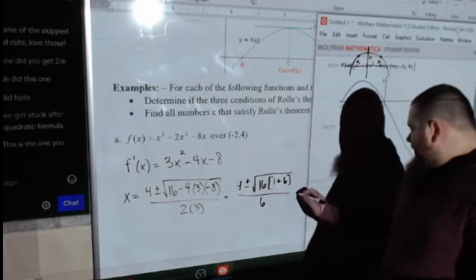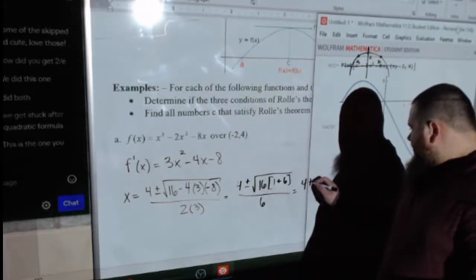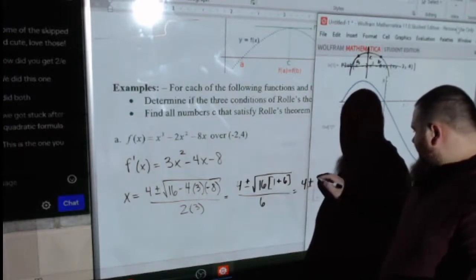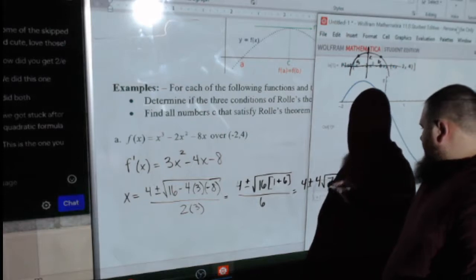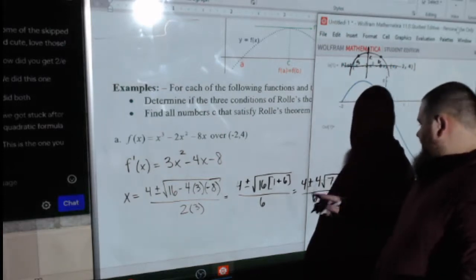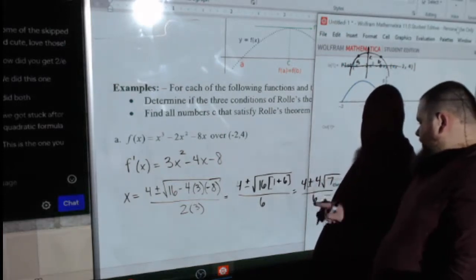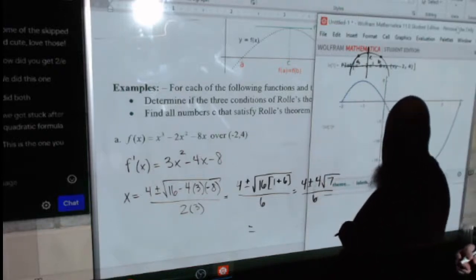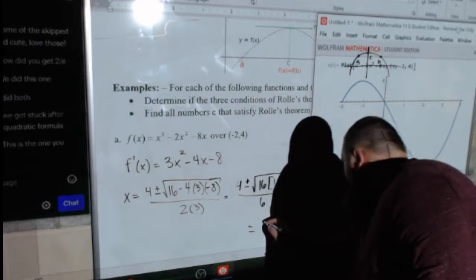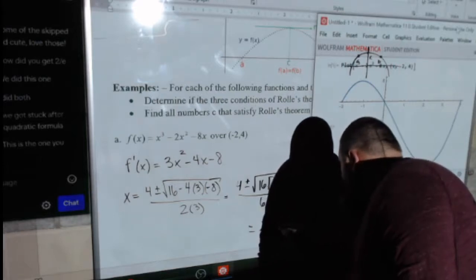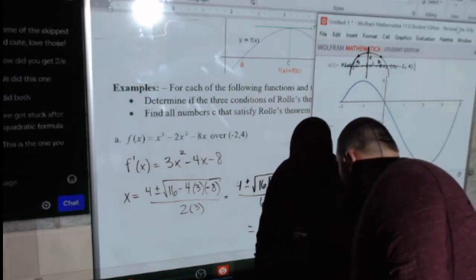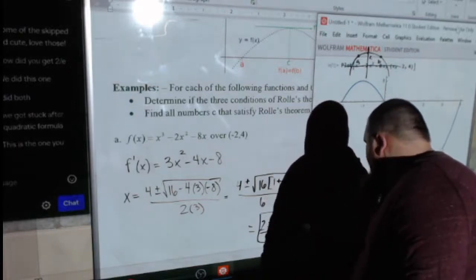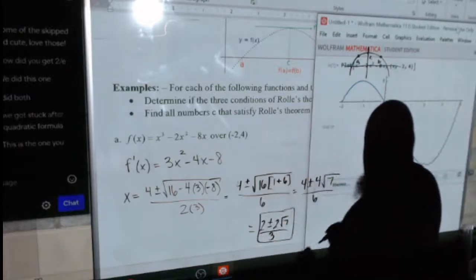So we're going to get 4 plus or minus. A 4 can come out of the radical. Square root of 7 all over 6, and then reduce everything. So that is 2 plus or minus 2 root 7 all over 3. Ugly, but there nonetheless.